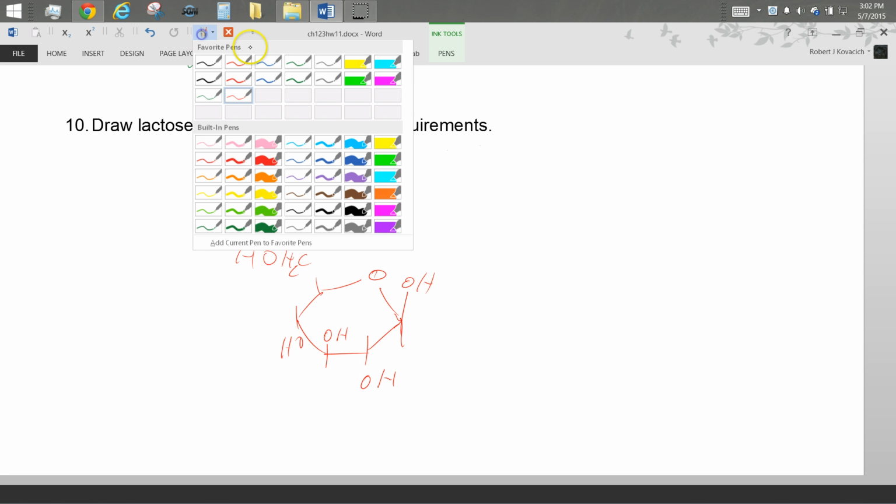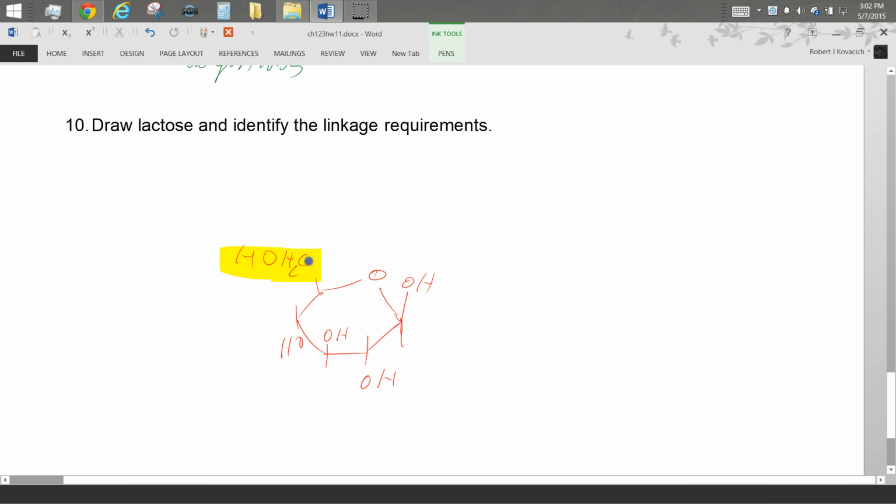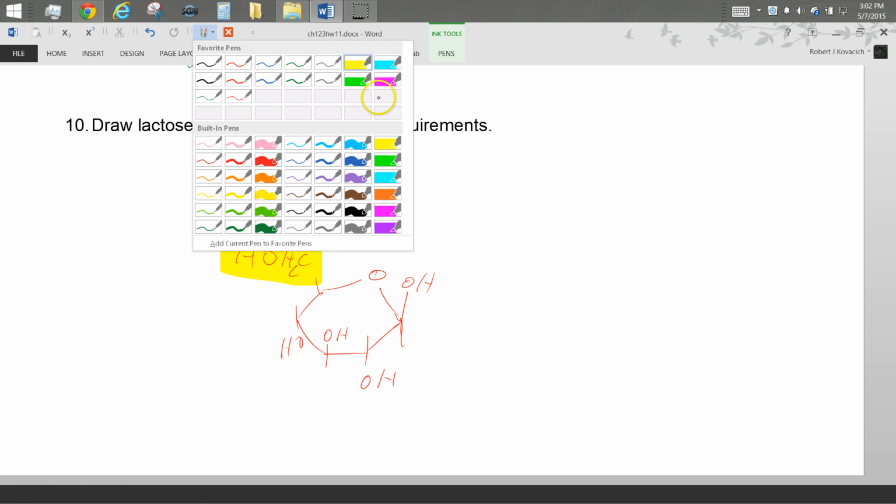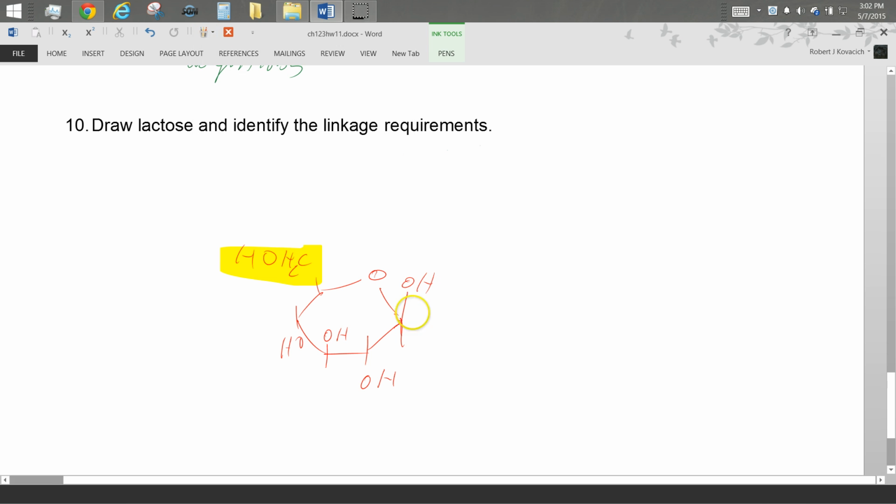How is this D beta glucose? It's not. And beta doesn't have to go down. No, alpha's down.